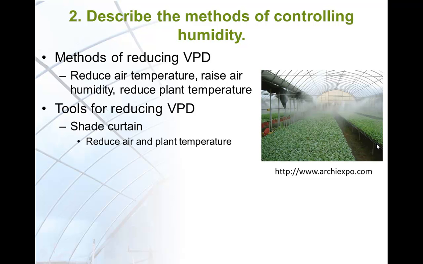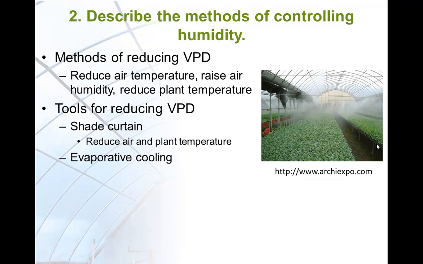By using a shade curtain, we can reduce radiation load to the greenhouse and the leaf. Thus, we can reduce air temperature in the greenhouse and the plant temperature. Of course, by using a shade curtain, we are also going to reduce the amount of light available for plants to grow. So this is a compromise between the amount of light for plant growth and the heat load added to the greenhouse.